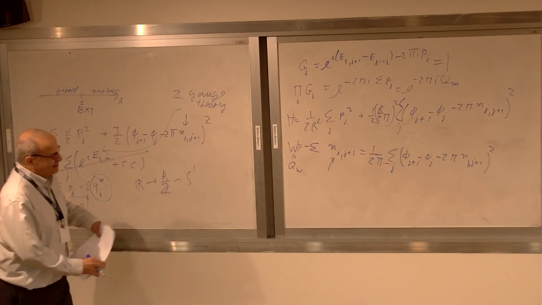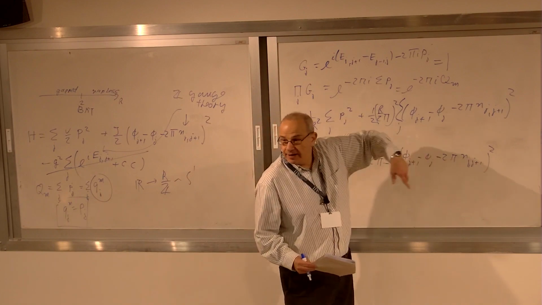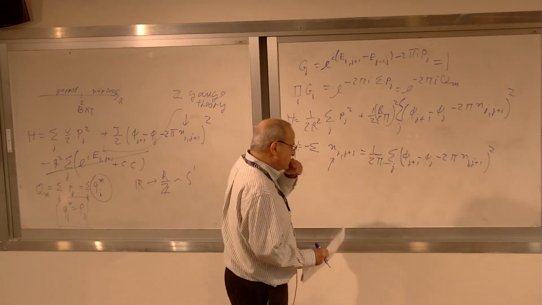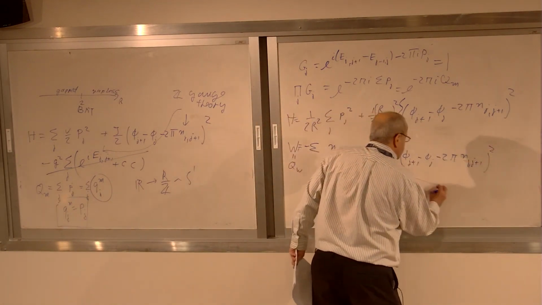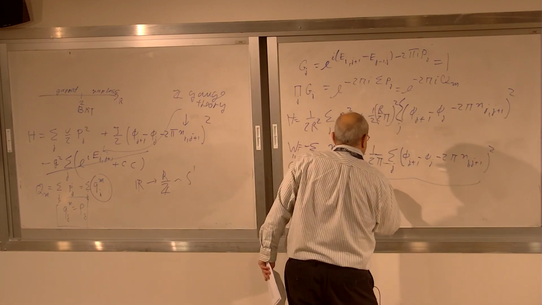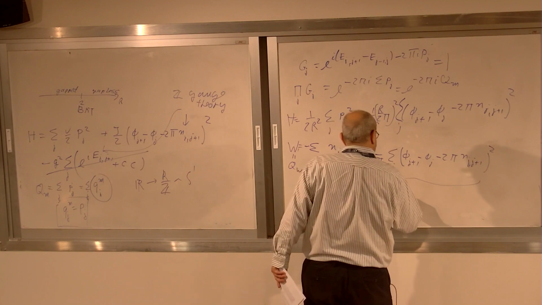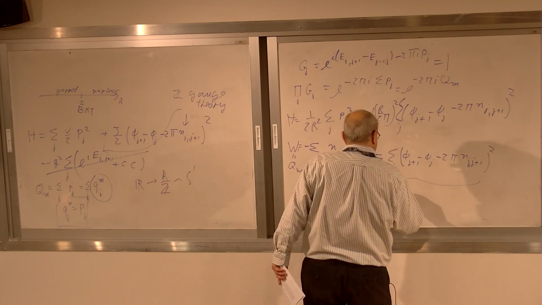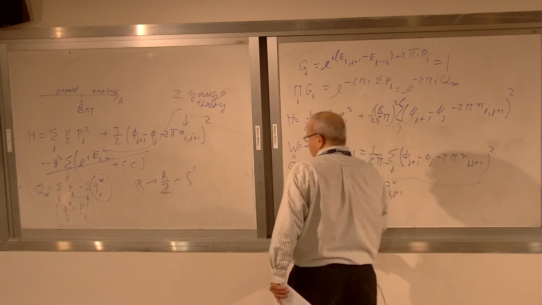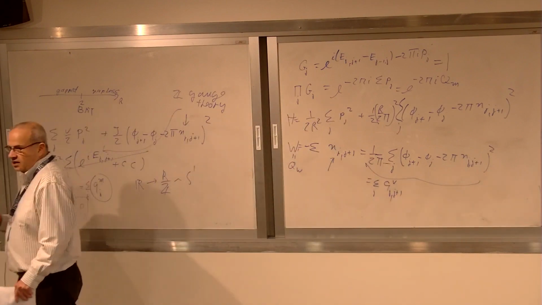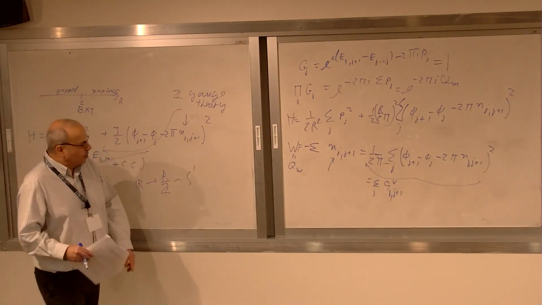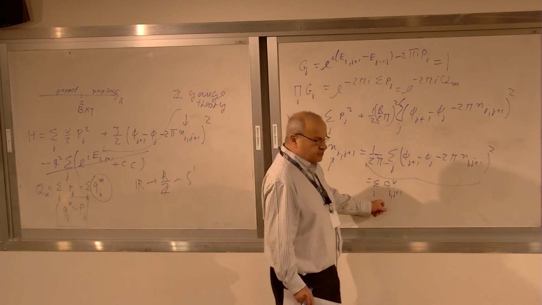So I haven't done anything because these guys cancel in pairs in the sum. And I'm going to call this one the sum over j, using the same notation as there, QW at the point j, j plus 1. So the momentum charge density lives on the sites, and the winding charge density lives on the links.